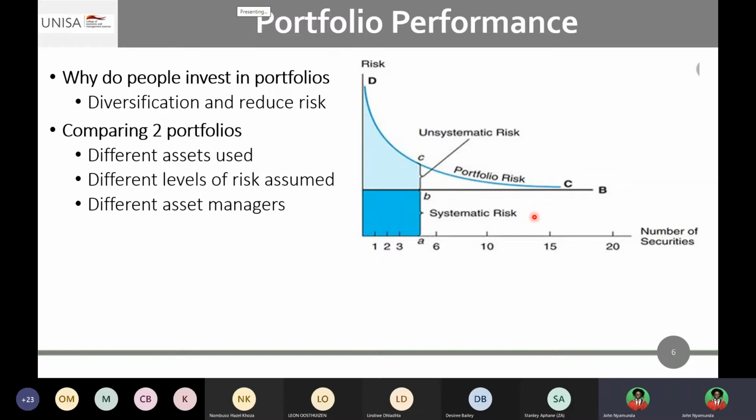I'm a simple man, so the way I remember it is that systematic is a risk which affects the whole system. Unsystematic is just a company-specific risk. When you say systematic, I think of a system. Unsystematic, not a system, which means it's company-specific.